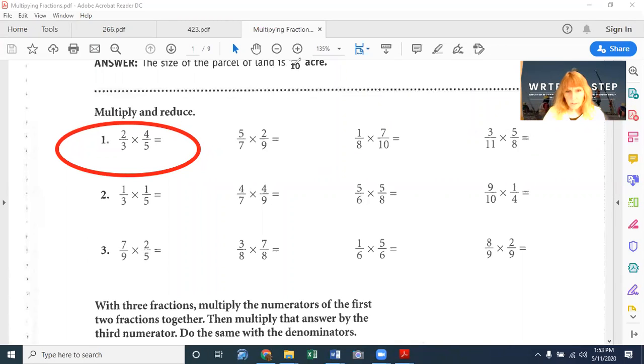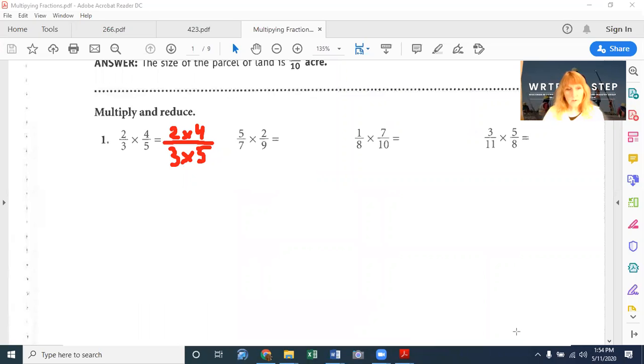So we have 2 times 4 on top, the two numbers on the tops of the fractions, and 3 times 5 on the bottom. 2 times 4 is 8, and 3 times 5 is 15. So the answer is 8/15.